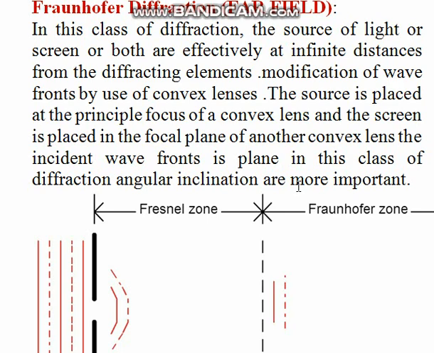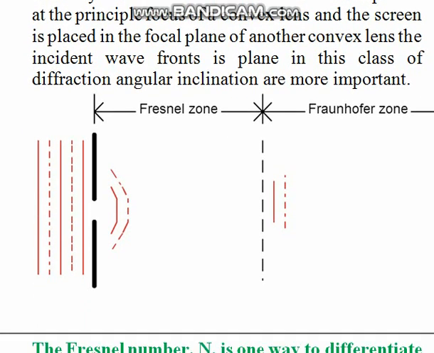Here there is a figure showing the basic difference between Fresnel and Fraunhofer. There is a source of light here, and a wavefront is coming through the slit or obstacle. If we analyze the pattern very close to the slit, this is the region of the Fresnel zone, that means Fresnel diffraction.